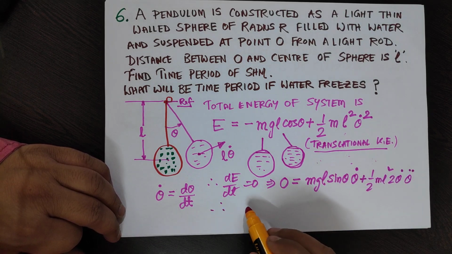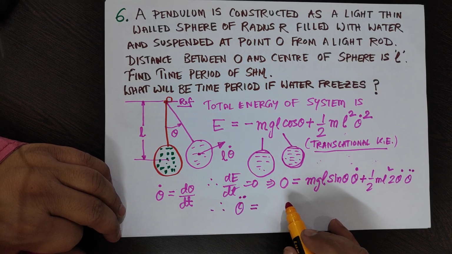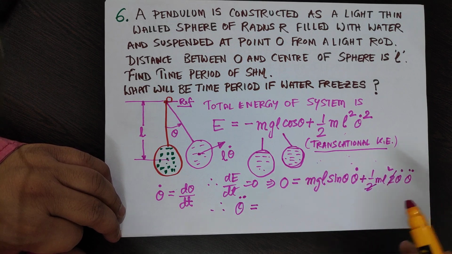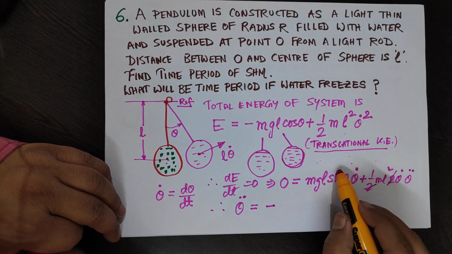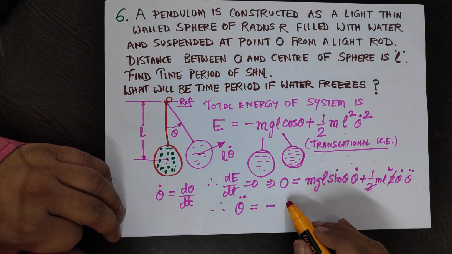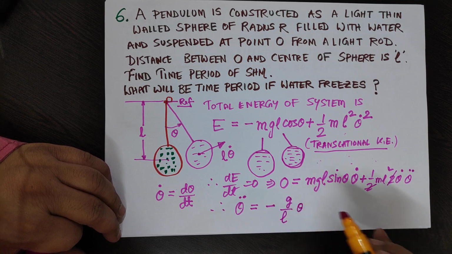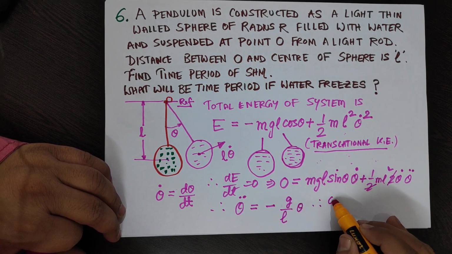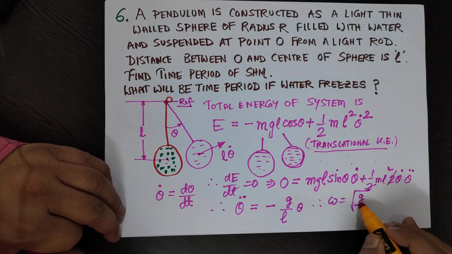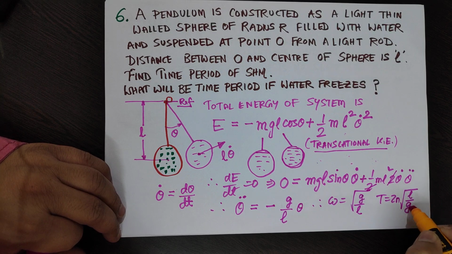Therefore theta double dot will be, this 2 will cancel, minus, as it is small angle, sin theta will be theta, so minus g by L times theta. So the angular frequency is root over g by L, and the time period is 2 pi root over L by g.